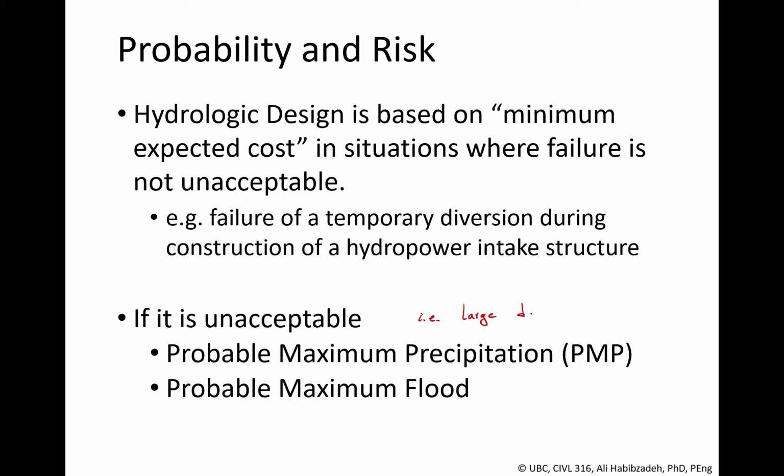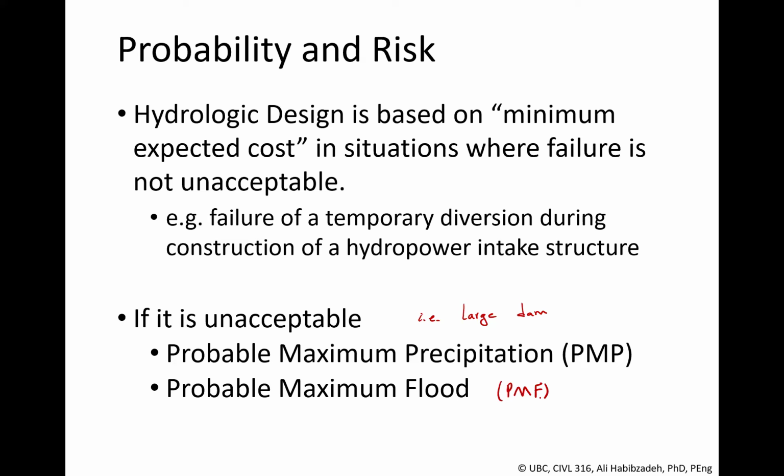If you're looking at design of a large dam, in terms of the hydrology side of things, failure of the large dam is not acceptable at all. So you're not going to design it for a given probability. You're going to design it for the probable maximum precipitation and the consequent flood that you might get. This is PMF. Again, we're not going to talk about this one much, but we're going to talk about the likelihood and the probability side of rainfall.